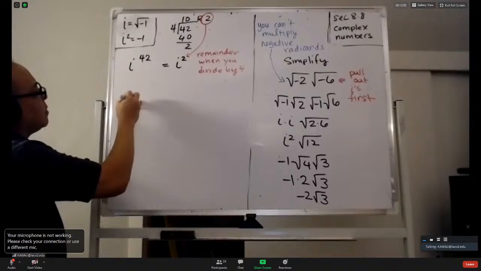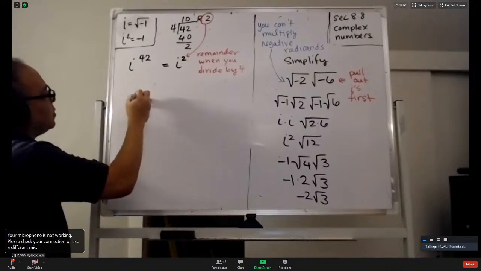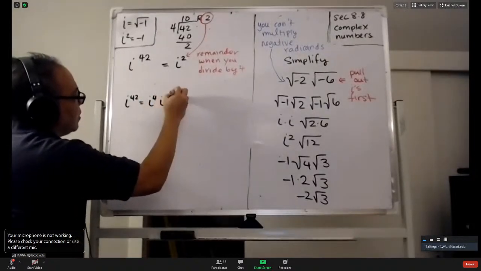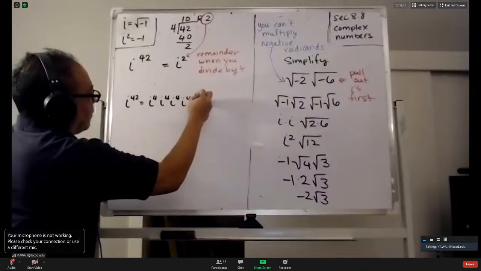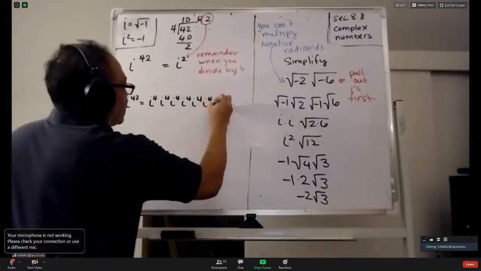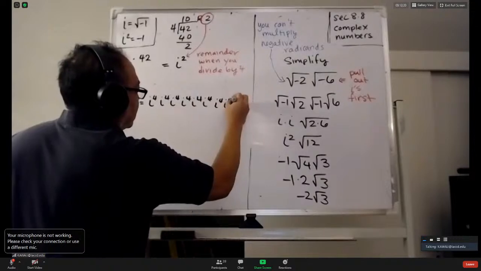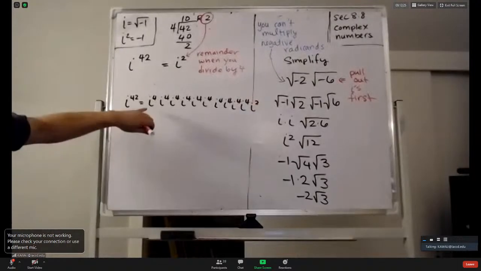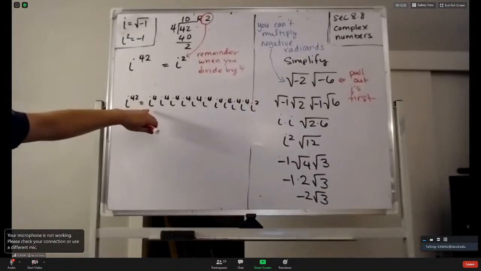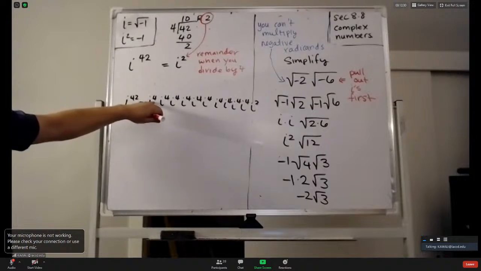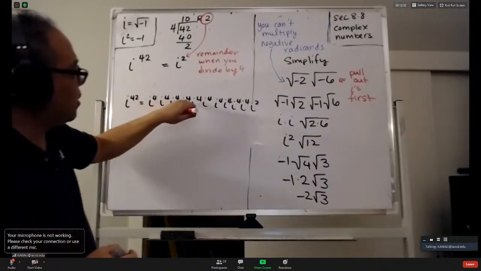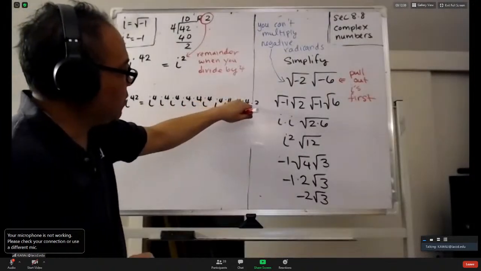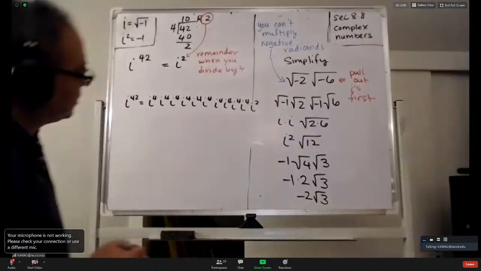Technically, what's going on is i to the 42 is equal to, and I wish I picked a smaller number now, i to the 4 ten times, then i squared. 4, 8, 12, 16, 20, 24, 28, 32, 36, 40, and then plus 2 is 42.